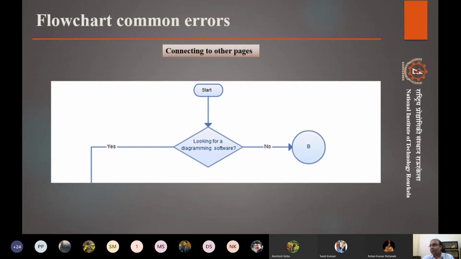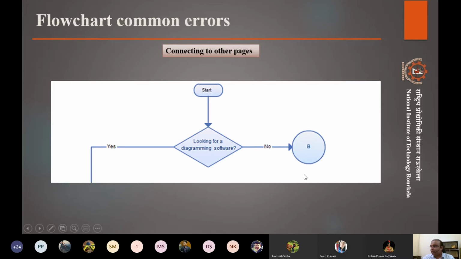Connecting one page to other pages. Now this is very important, and I think I described it a bit, but not in detail. Using connectors is very essential when we go for large flowcharts, especially those which do not come in one page.